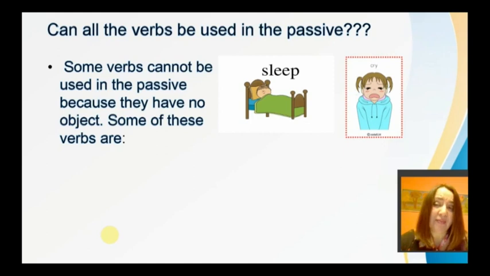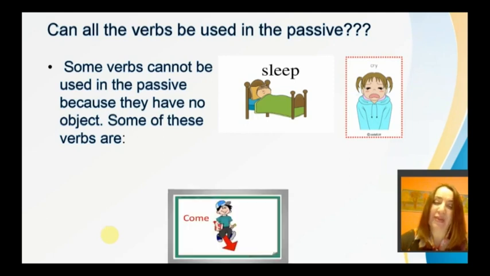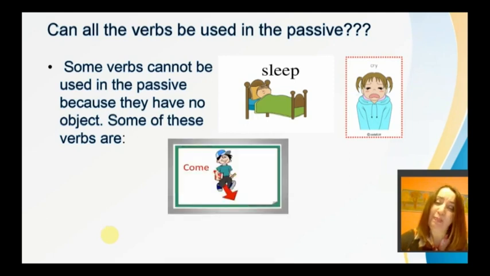Or cry. When you cry, you simply cry because you're sad. You don't cry a jumper, you don't cry a shoe, you don't cry a pencil. Or come. When you come because you want to come. You don't come a book, you don't come a bag, or you don't come a cap.